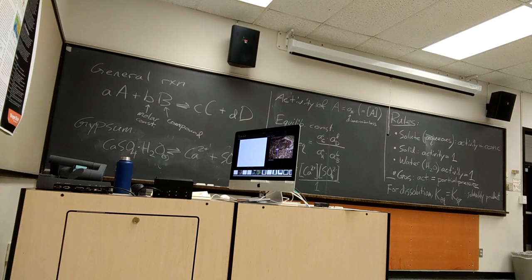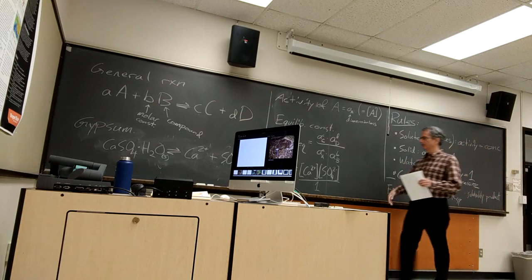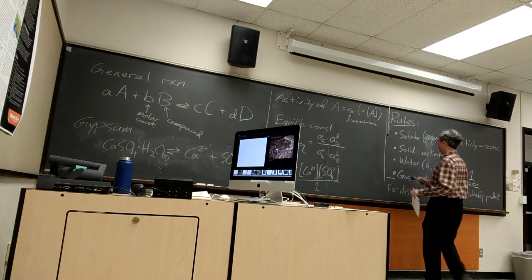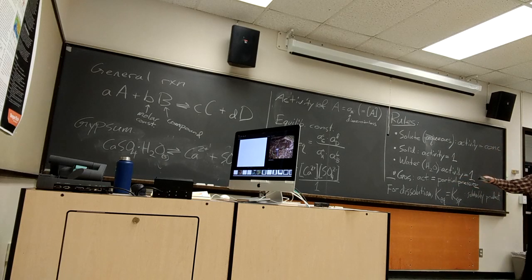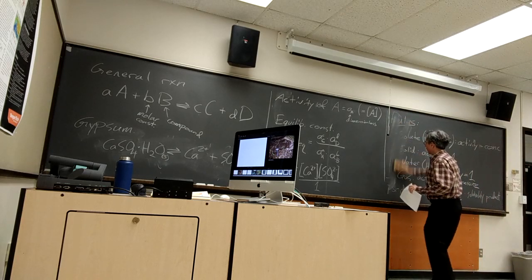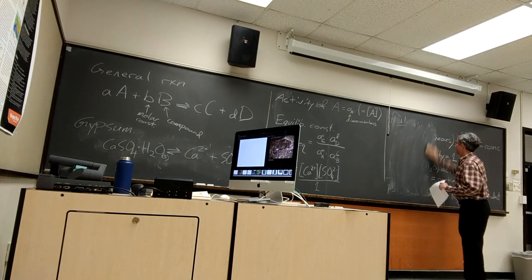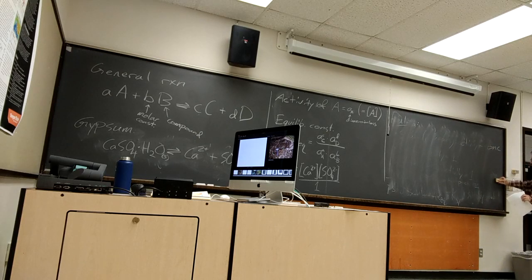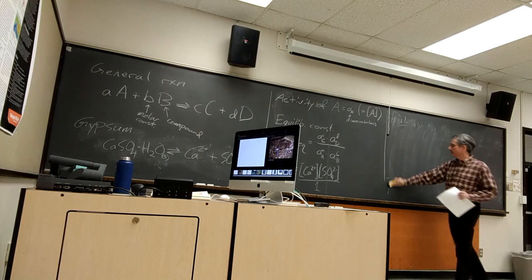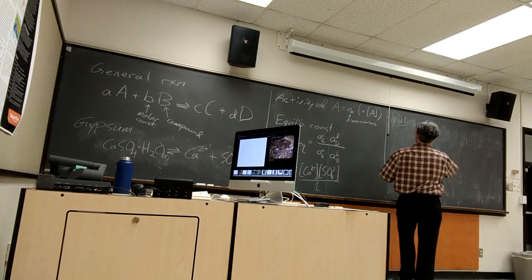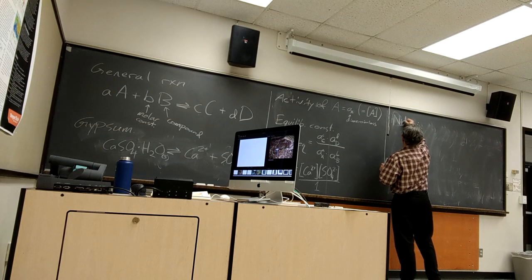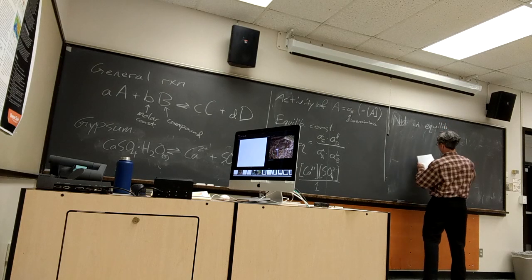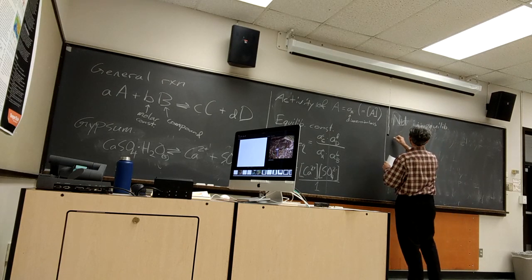Okay. Now, what if we're not in equilibrium? If I've got some reaction underway, it's not at equilibrium. What do I call the same quantity using those activities? Well, then I call it an activity product.